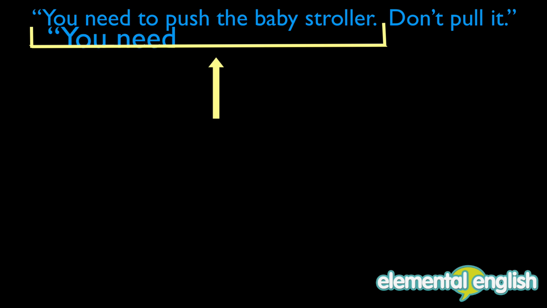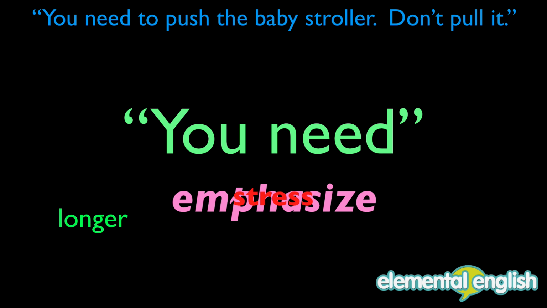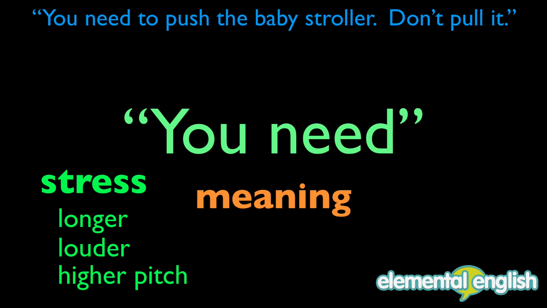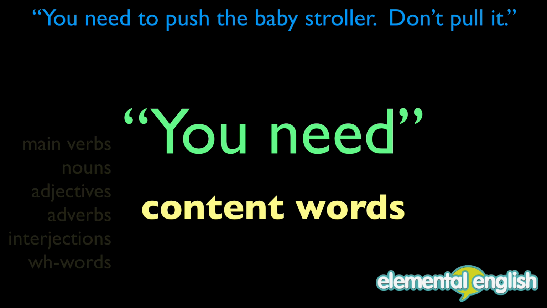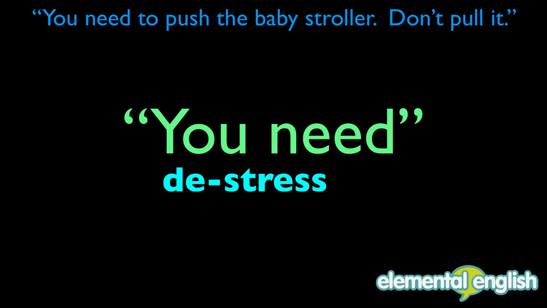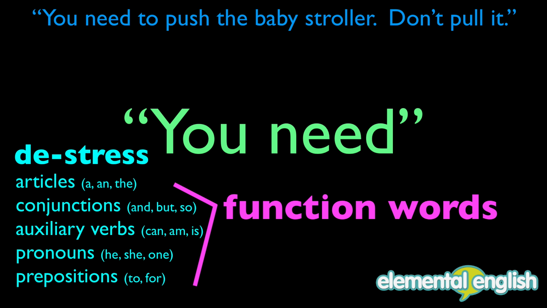Sentence number 1. You need. In English, we emphasize or stress the words that carry meaning in a sentence, called content words, such as verbs, nouns, and adjectives, etc. Accordingly, we also de-stress the words that provide the structure and grammar of a sentence, called function words.